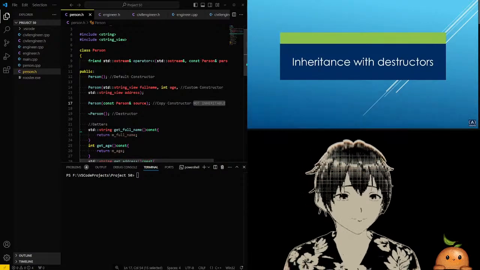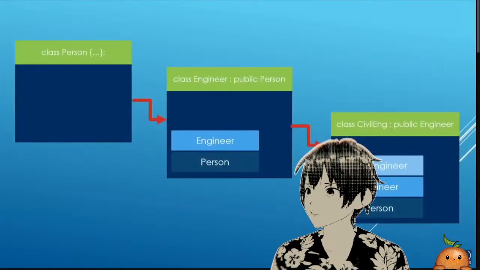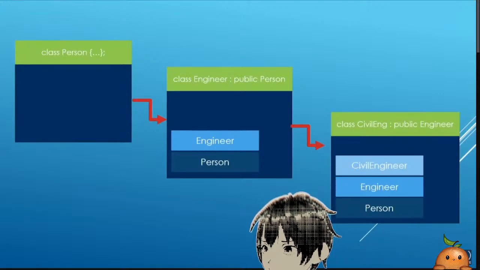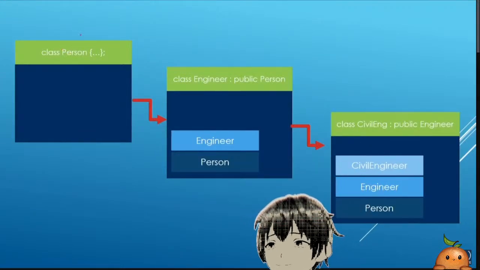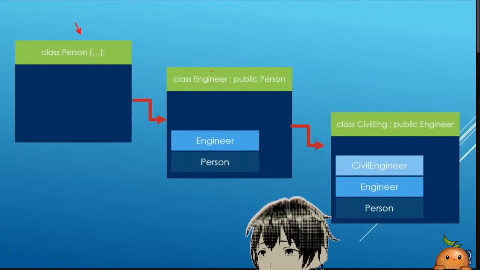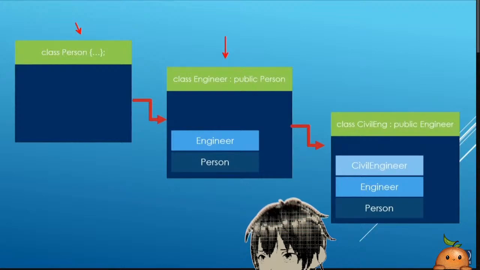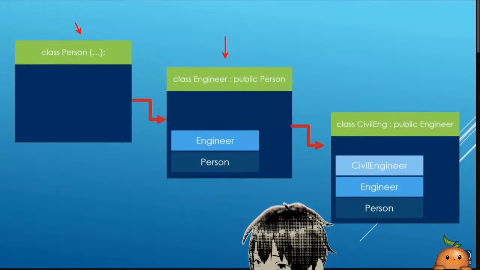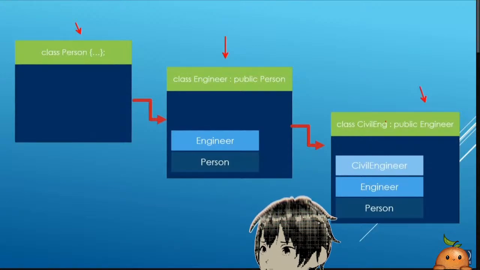This lecture, we're going to focus on how destructors work with inheritance. And suppose we have an inheritance hierarchy like we have been using all along in this chapter. Our base class is person, we have the engineer class which is publicly inheriting from person, and we have a civil engineer class which is inheriting from engineer publicly. So when we create a civil engineer object, we have seen that the base part is built first.